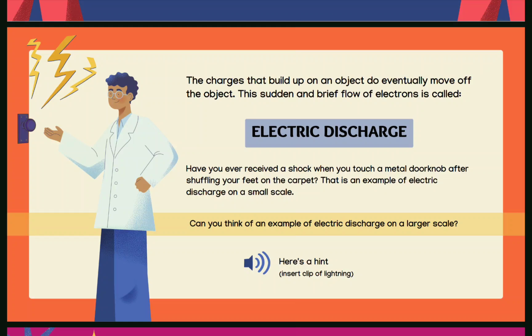If you have a scale with you, just try. Rub the scale on your head, lift a piece of paper and keep it aside for a minute or so. The particles will fall down. Why are they falling down? They are falling down because of electric discharge. If something is charged, it will get discharged.